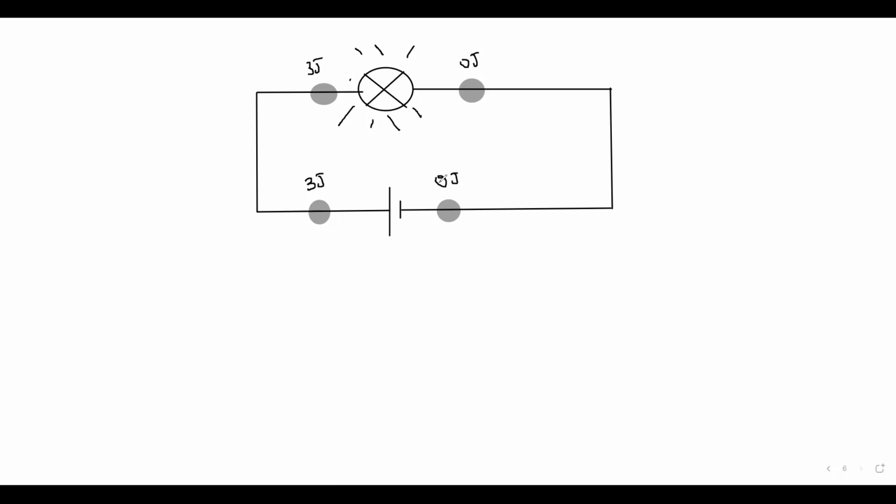So basically when the charges enter the circuit, they have energy. When they pass through the component, they transfer their energy and return back. The movement of the charge is called current, but the energy which the charge carries, what we call that as voltage. So voltage is basically energy carried by the charge.